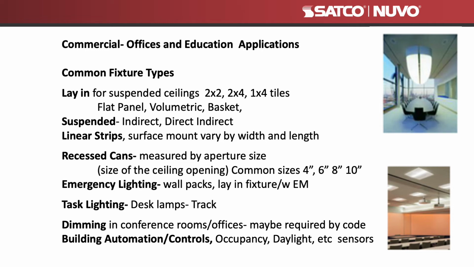Think of a clean room. You may have enough light, but certain sections of that clean room will have much more light, and generally a task light will be used in order to supply it. Dimming is almost a given. Almost every fixture needs to have a dimmer because it's required by code, and some level of building automation and controls are also required by most codes.